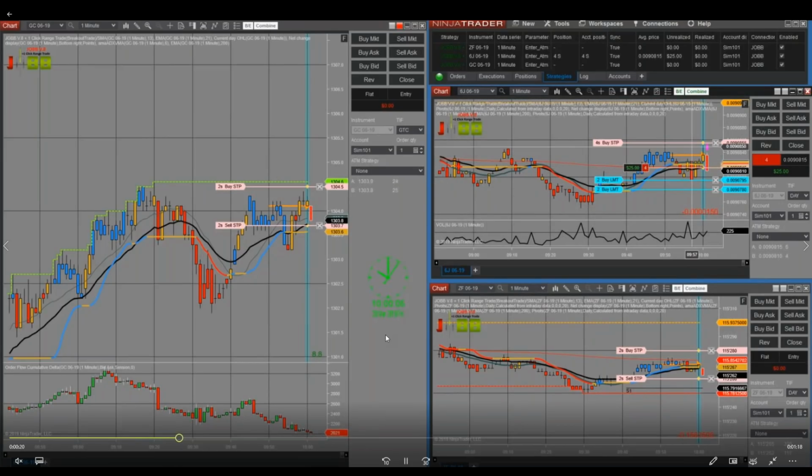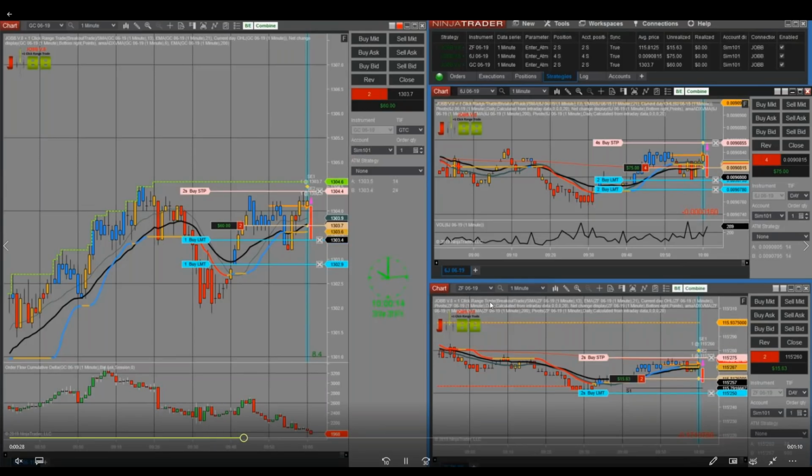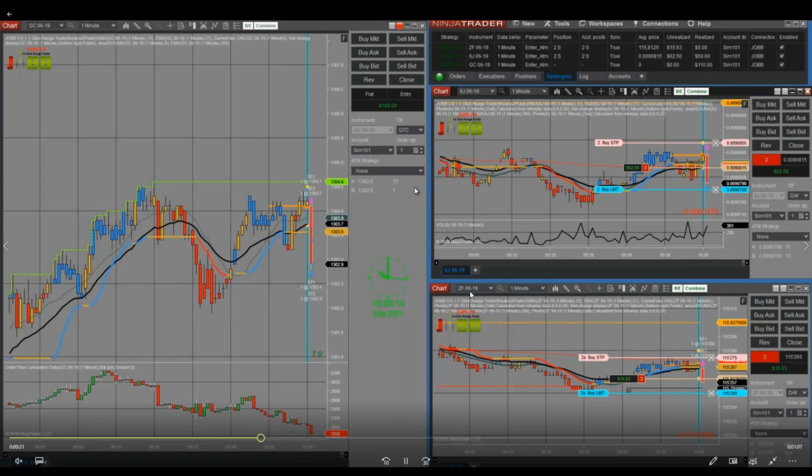The 6J is the yen. Also the ZF, which is a note, it's like a bond, okay? A very low margin, very inexpensive instrument to trade. It's only $7 and change per target per tick. That responded nicely to the report.